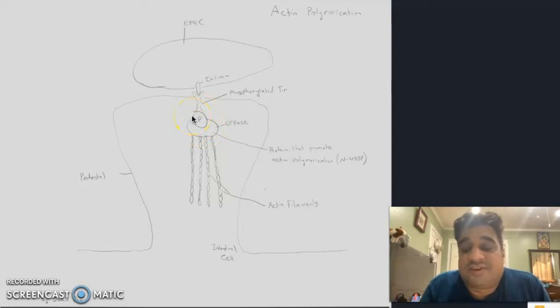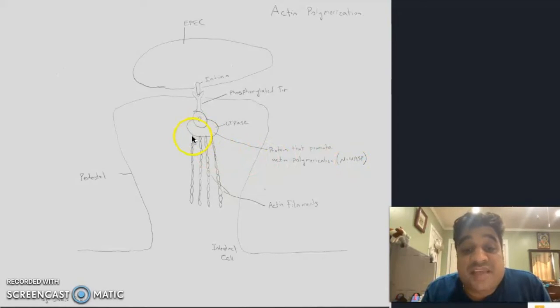It's just a fancy word for attaching a phosphate on. Anytime you see the word kinase, that's what they're doing. So it attaches a phosphate here, which activates it. And then it'll recruit a GTPase to polymerize the actin. The name of the actual GTPase and protein here is N-WASP. That might be a little too in-depth, but I just wanted to throw that out there. That's actually what it's called.